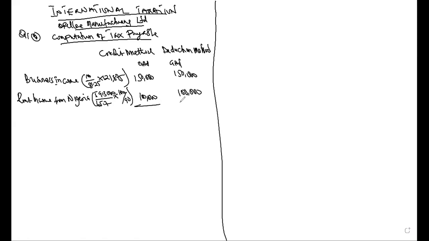So these are the two sources of income for Opele Manufacturing Company Limited located in Kumasi. So the global income will be how much? That will give you 250,000.